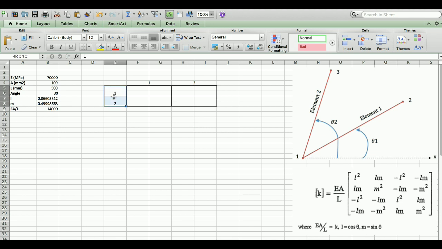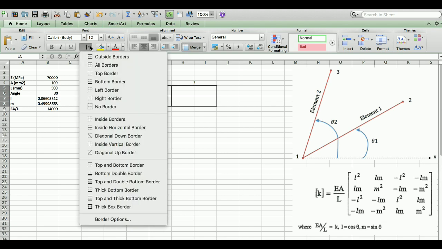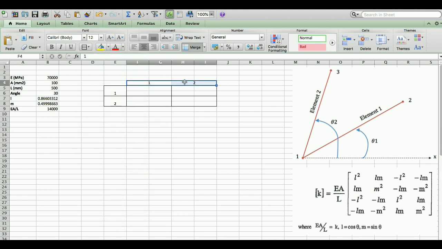We could do the same things here just to specify our matrix a bit more clearly. Just for the sake of tidiness, I put all the numbers in the middle. As we discussed before, we need only 3 numbers: L squared, M squared, and LM. So I go ahead and create these numbers here.